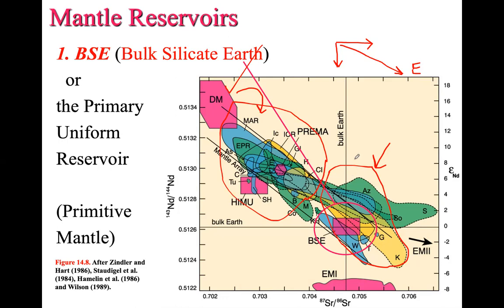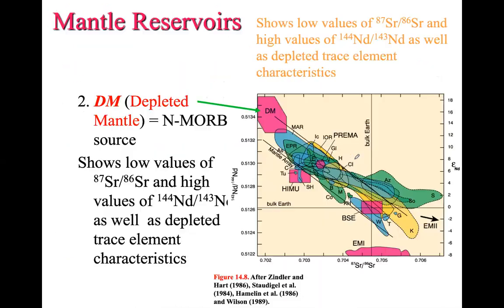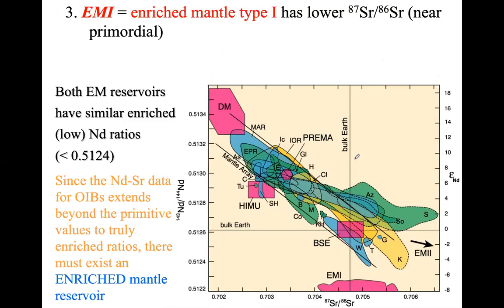Okay. Right. And the depleted mantle is that, and the EM is divided into two, EM1 and EM2, as I mentioned. So EM1 is here, it is relatively low strontium compared to the EM2, right? EM2 has very high strontium ratios, which is actually even greater than 0.720, right?